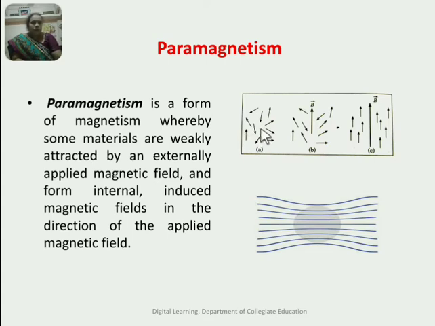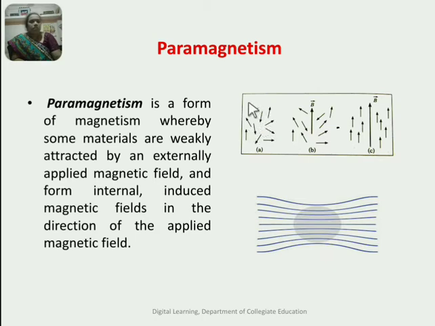Normally, there is a dipole moment in one particular direction and a dipole moment in the opposite direction. Actually, the number of electrons is so large that they are equal to each other. Then the net dipole moment is 0. Those materials will not show any magnetism.